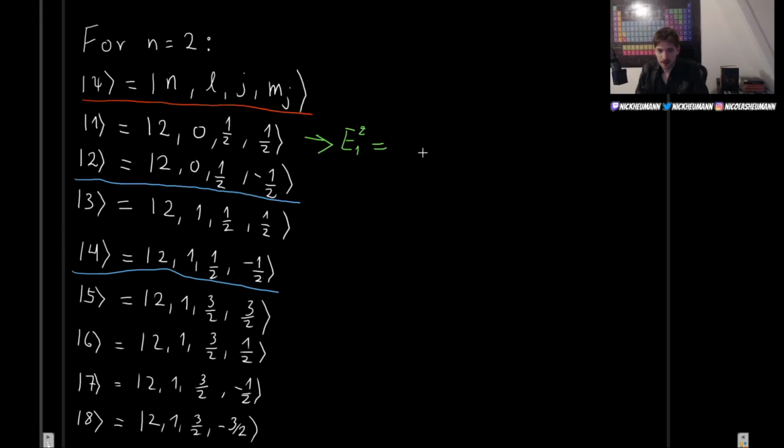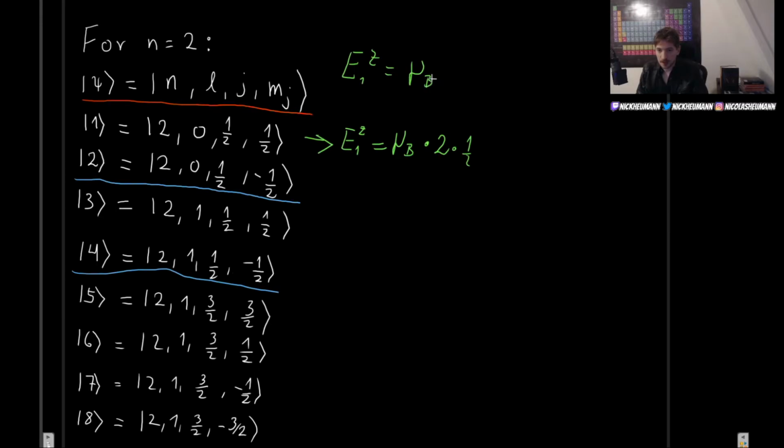effect. Now this is going to be the Bohr magneton times the G factor, which in this case is 2, times mj, which is 1/2. Maybe let me write this up here so I make sure that you are all following.